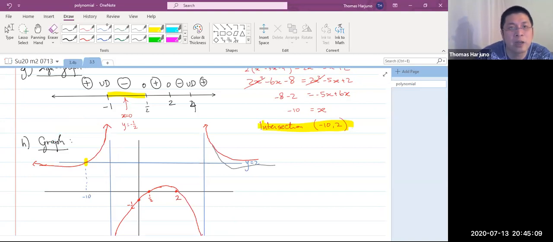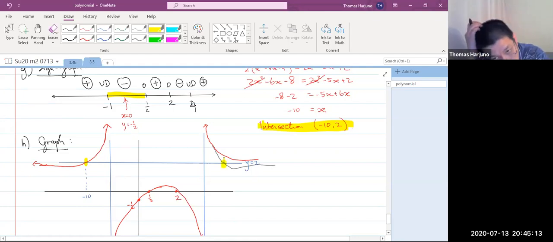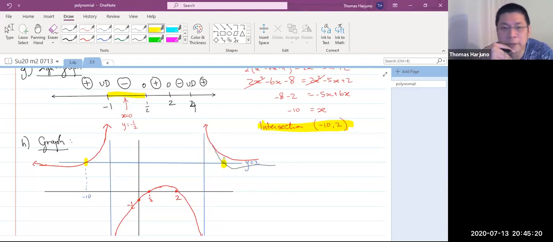It won't be the case, because if that were the case, we must have detected the horizontal asymptote intercept there. But that's not the case.